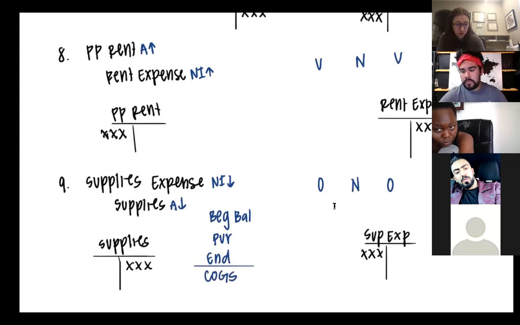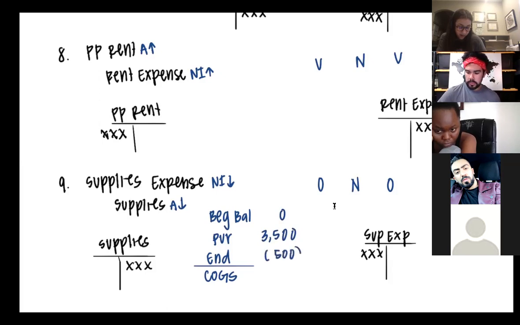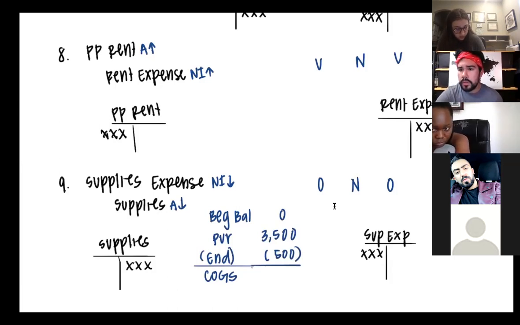They say there's no beginning balance. They didn't have anything in the beginning of the year, but they purchased during the year 3,500. But at the end of the year, they had 500. So their cost of goods sold, what they used, was $3,000 of it.